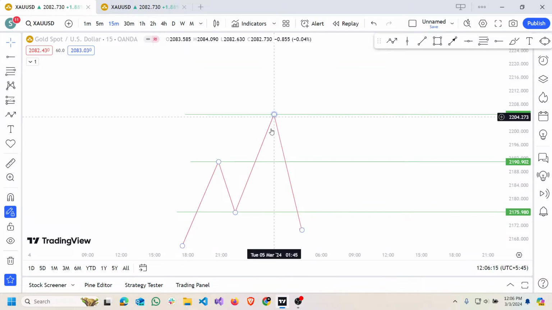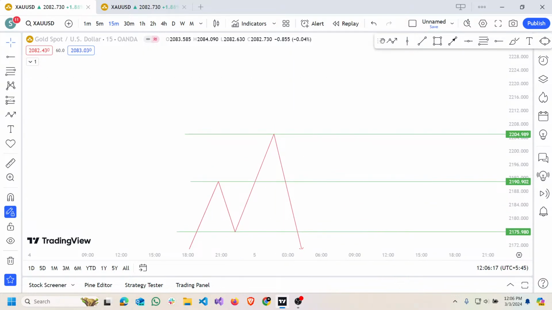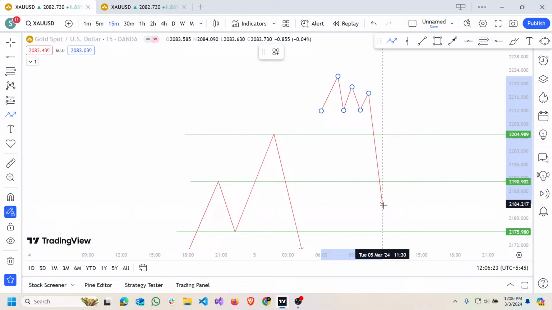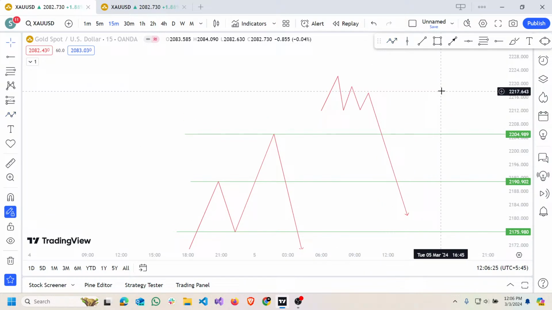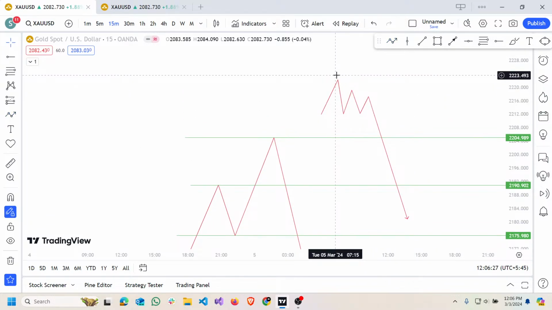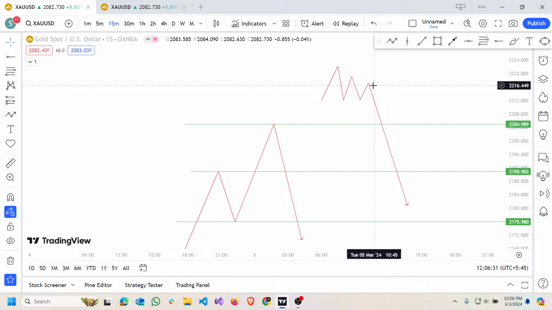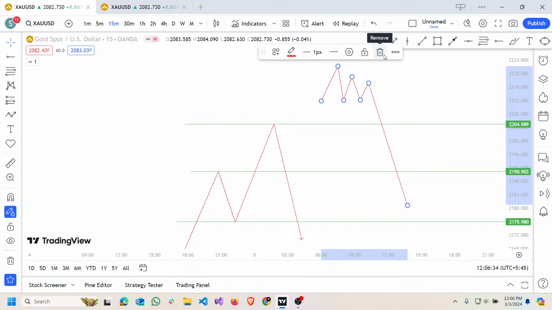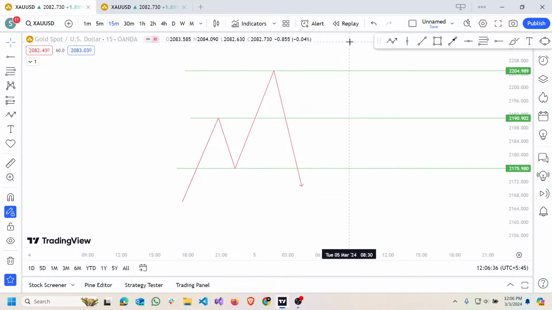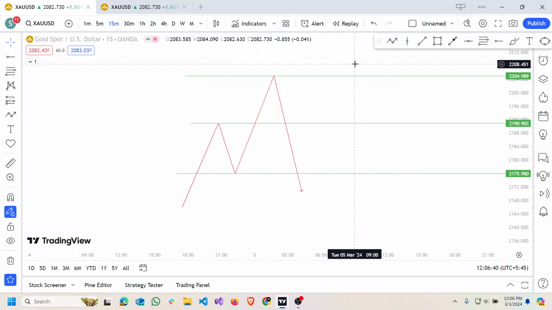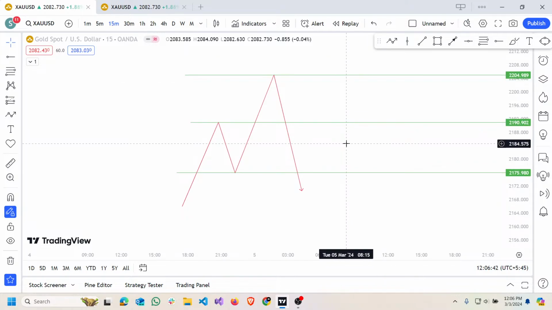If at this top area the market has gone like this in a small time frame, then you can see that the liquidity here has not been cleared yet. So the market has to come up to clear the liquidity at some point. That is what we have to look for.